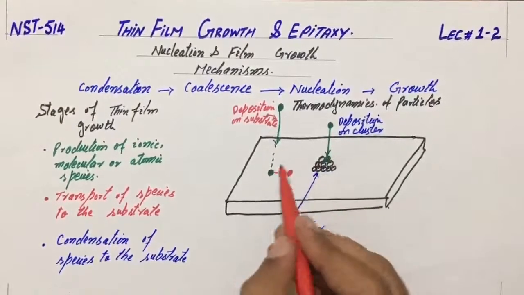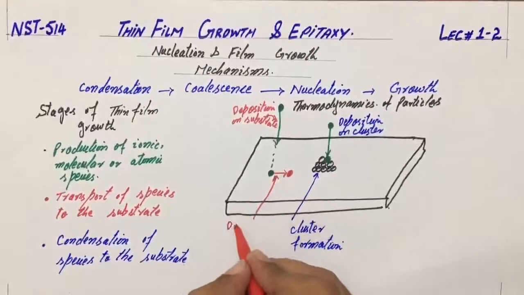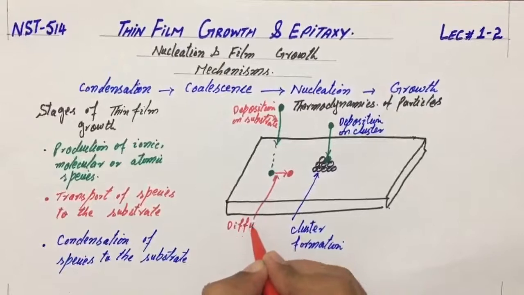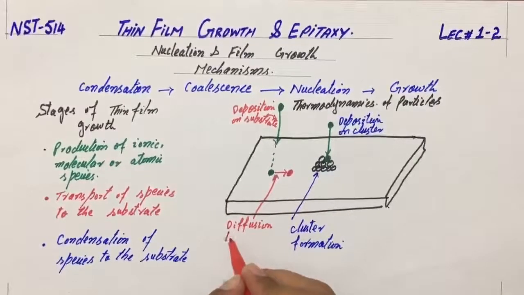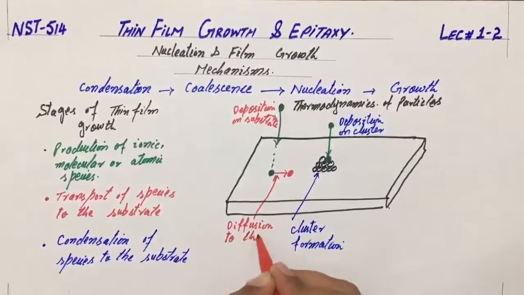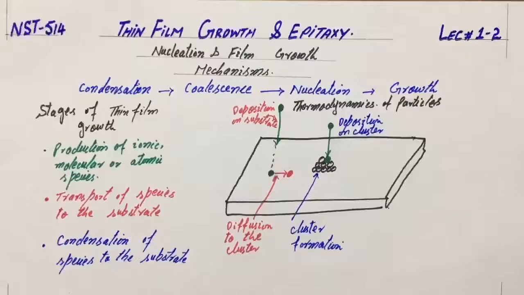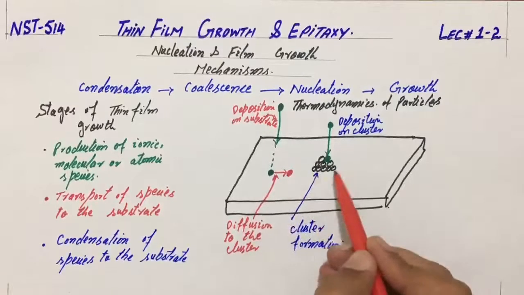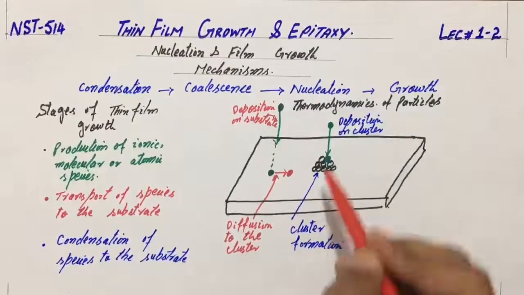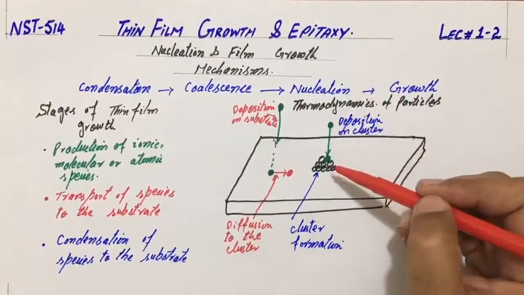So this movement is the diffusion of the particle to the cluster. So after the diffusion of the particle to the cluster, they diffuse together and form a cluster, and accordingly there is a possibility that material particles are deposited on the cluster.